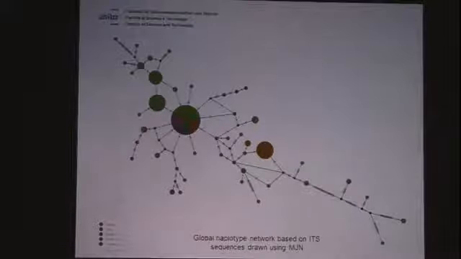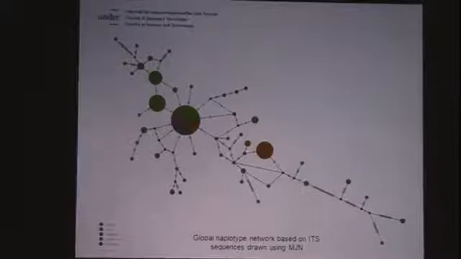Secondly, it was very interesting to know that these pink haplotypes are from Asia, and South Tyrolean haplotypes were very closely related to these Asian haplotypes. This basically represents that a separate introduction event might have happened directly from Asia. So maybe somebody imported a tree from Asia, and then this fungus might have come with it.